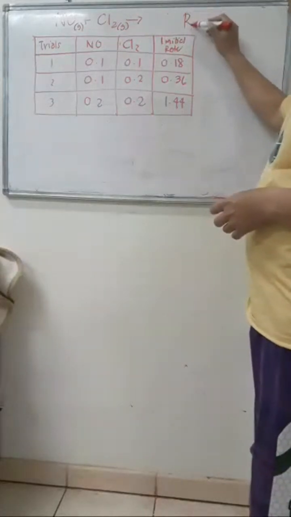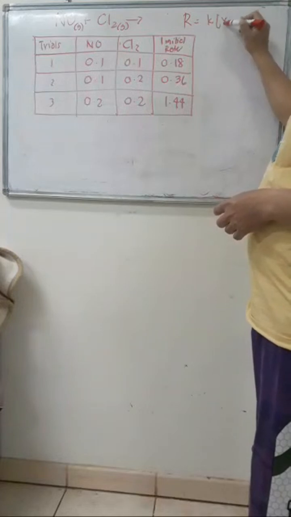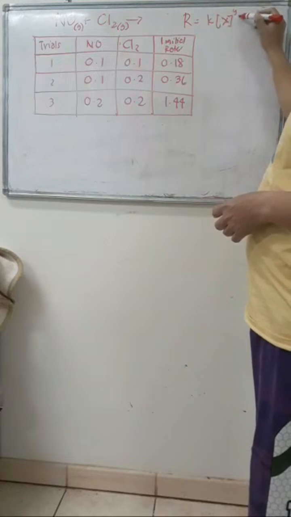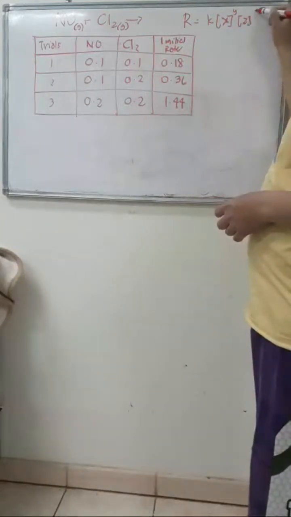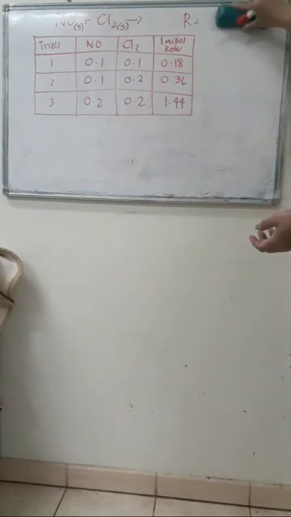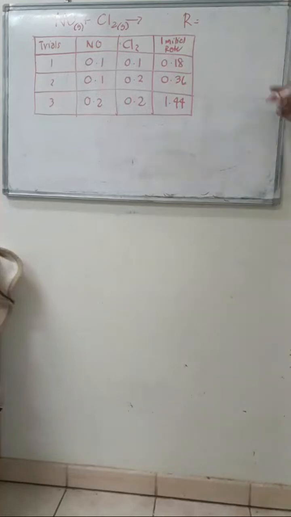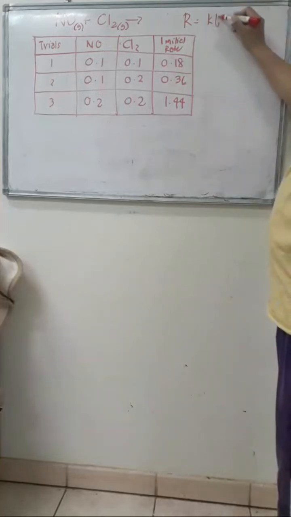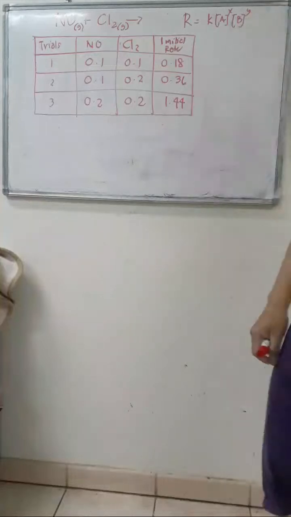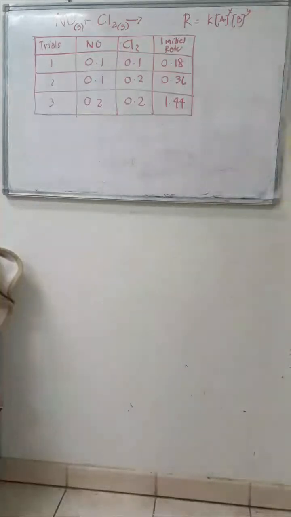R equals k, let's say X, let's say Y. To make it simpler, because these are all letters, let's just put k, concentration of A raised to the power X, concentration of B raised to the power Y. Too many variables, right? This is what makes it confusing.